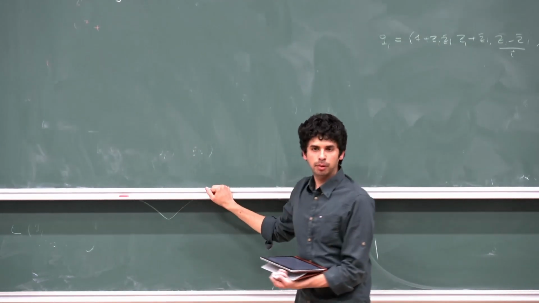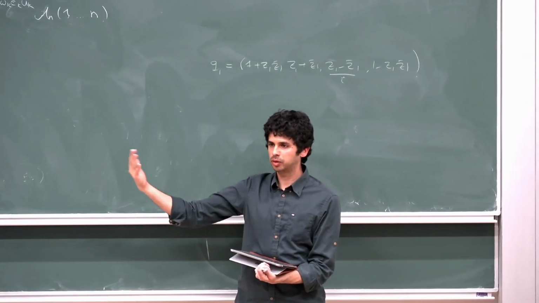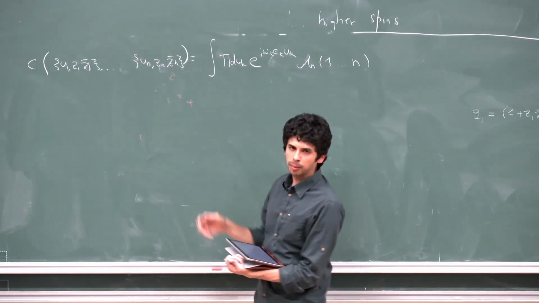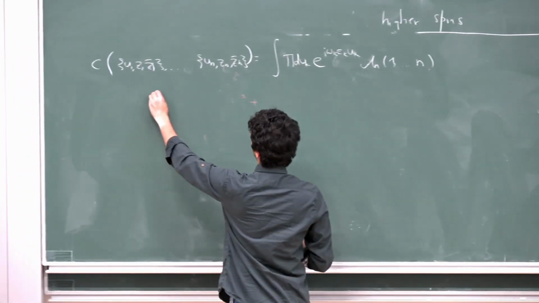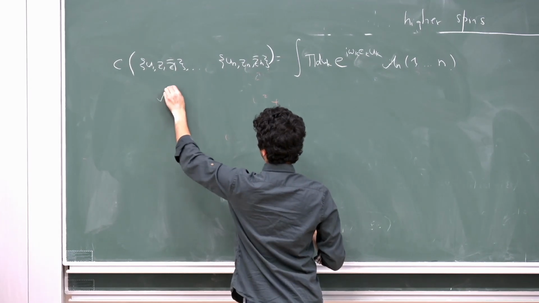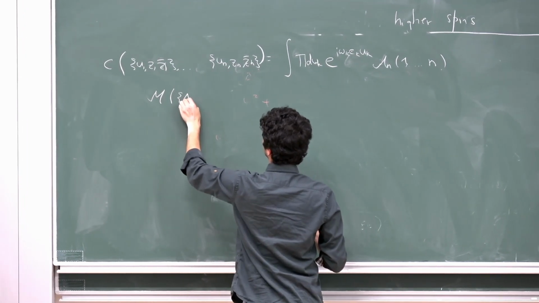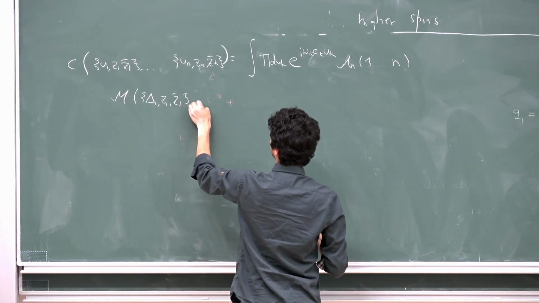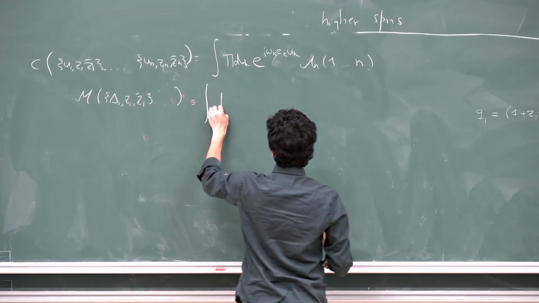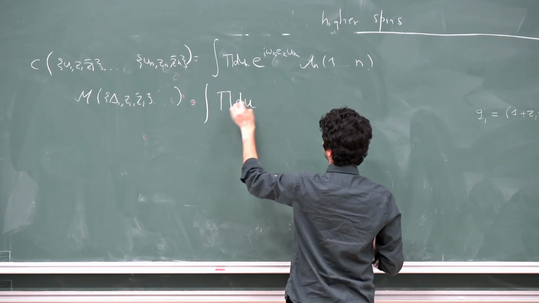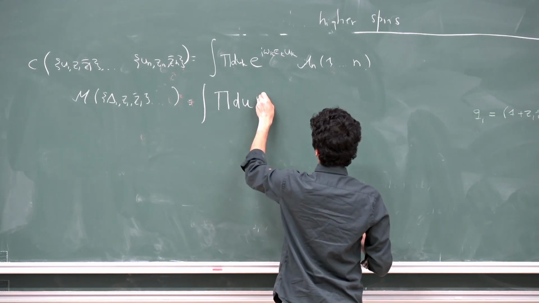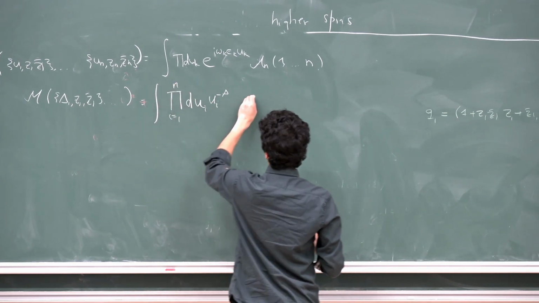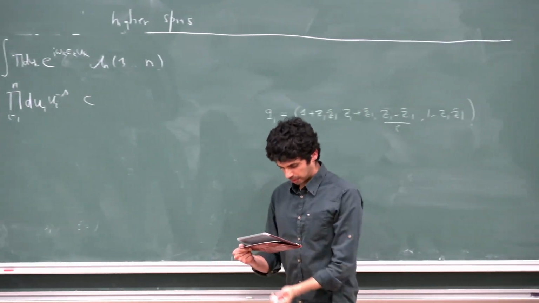And the celestial amplitudes are a change of basis from momentum space to boost eigenstates, and so there is a relation which relates Carrollian amplitudes to celestial amplitudes, and the relation is given by just integrating over u of the Carrollian amplitude.